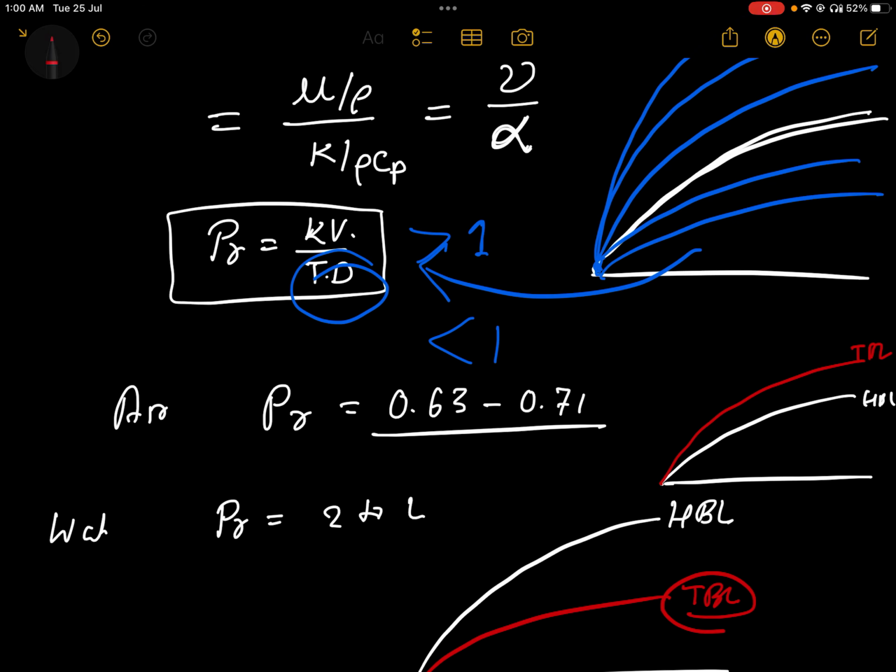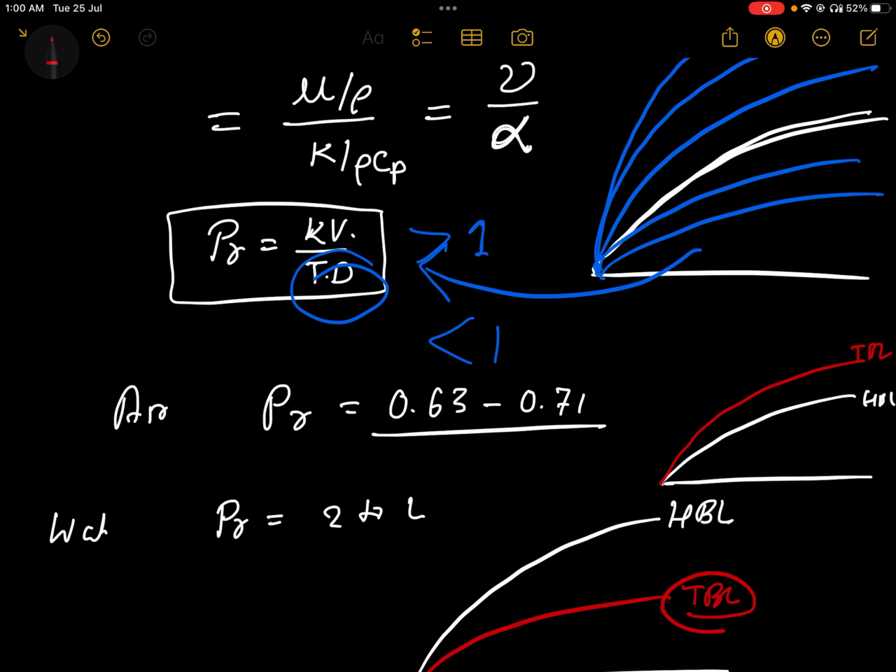Although it is viscous, it is more conducting. Lubricating oils like engine oils may have Prandtl number up to 100. It means kinematic viscosity is more, since we know that oils are very viscous.